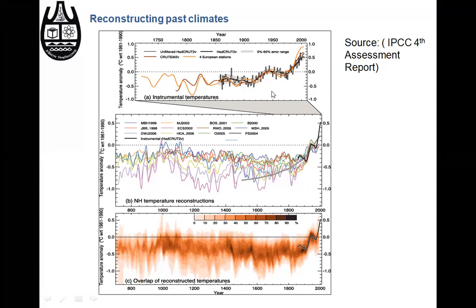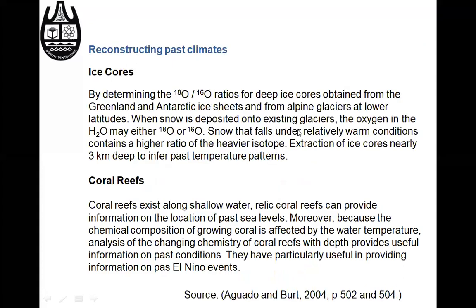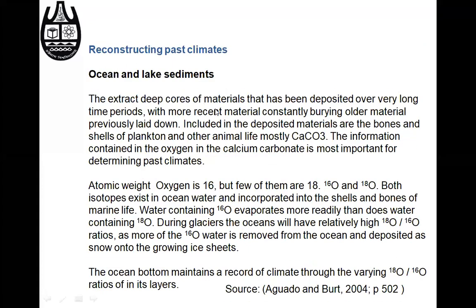With the increase of temperature, firstly the evaporation of oxygen 16 is much more than oxygen 18. They react much more than oxygen 18. So whatever amount of oxygen 16 has evaporated then comes back as snow deposition, which can be measured from ice cores or from sediments.